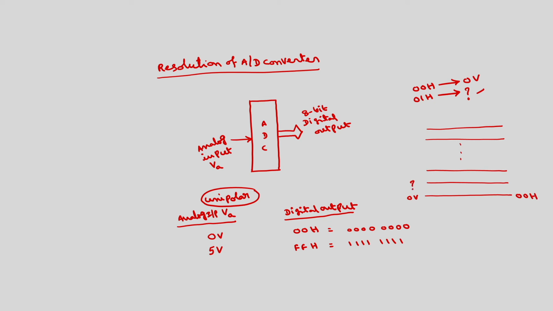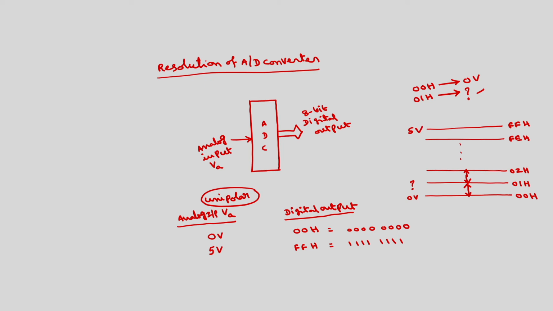Now, what should this voltage be such that this will be 01H, this will be 02H? What will be the distance between these? How much voltage will be there between two consecutive levels? And this will be FEH and this will be FFH. This is 5 volts.